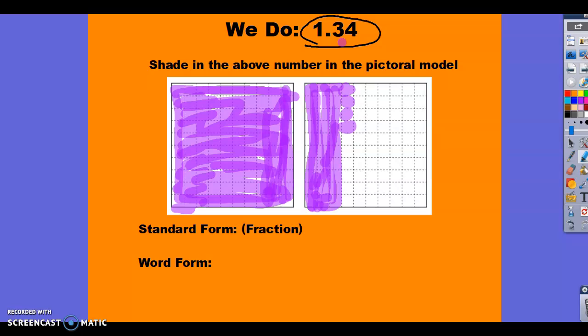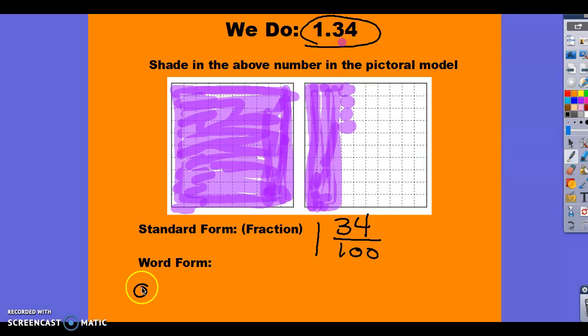So if I'm going to do that as a fraction, you should have had 1 and 34/100. So out of 100, hundredths. Word form.